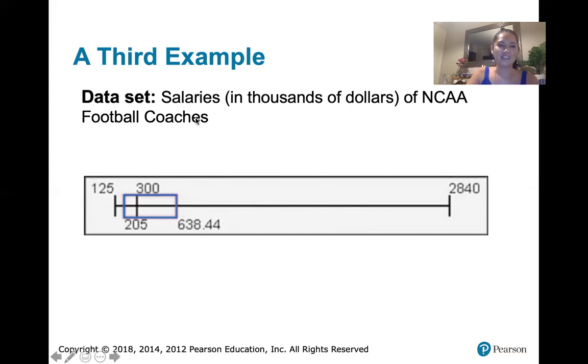So from this data set, we can see that this is skewed to the right. Most football coaches have salaries down here, but there are some that have very, very high salaries. And that's shown when we look at the box plot.